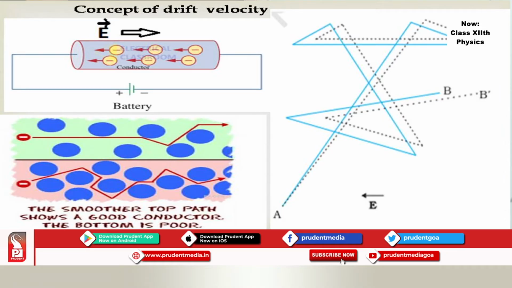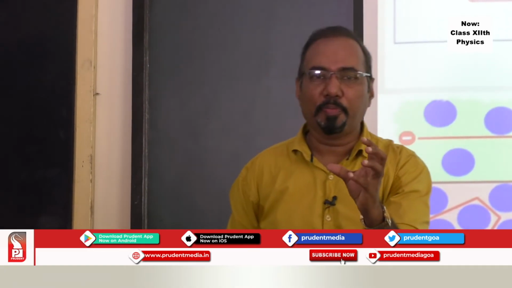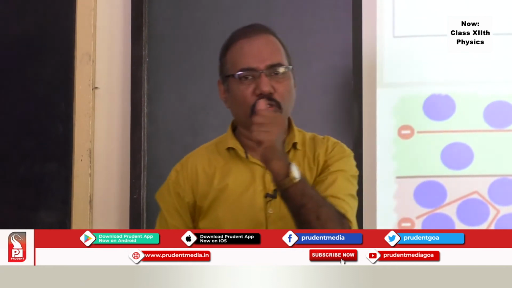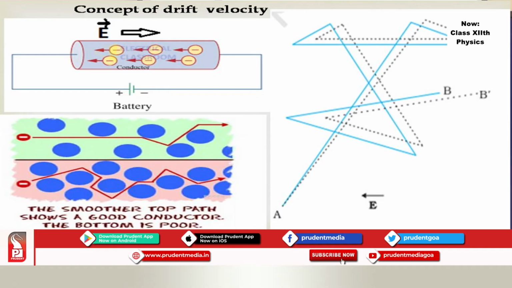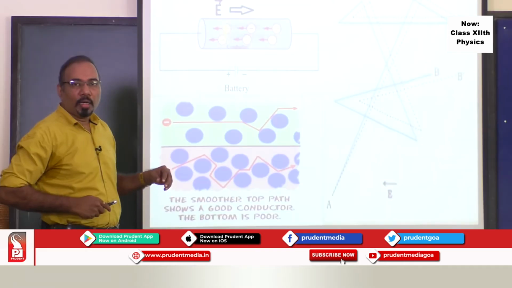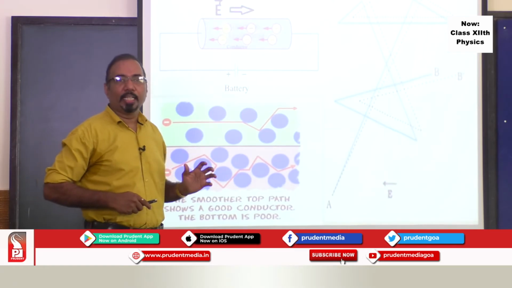But when the potential difference is applied, what happens? The speed of the electron is more or less 10 raised to 5, 10 raised to 6 meters per second, very large speed. So with that large speed, they collide. Now, for example, this blue path which is shown is the collision path experienced by the electron when no potential difference is applied.